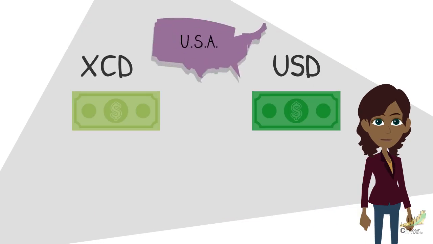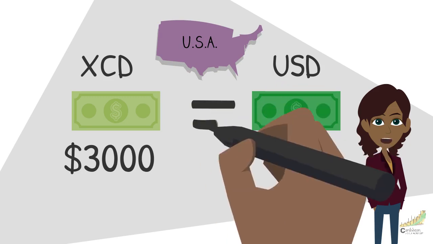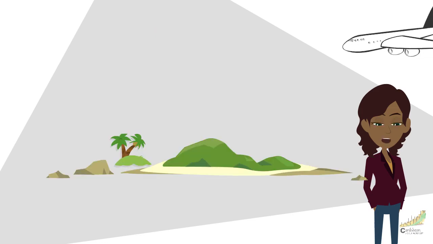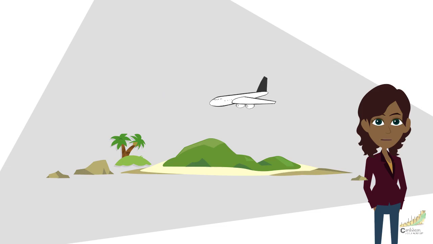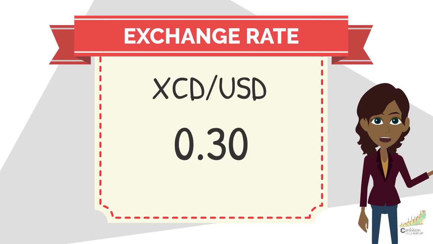For example, while you were on vacation in the United States, you traded 3,000 Eastern Caribbean dollars for 1,200 United States dollars, but did not spend any. Upon returning home to the Caribbean, the exchange rate of Eastern Caribbean dollar to the United States dollar changed from 0.40 to 0.30.